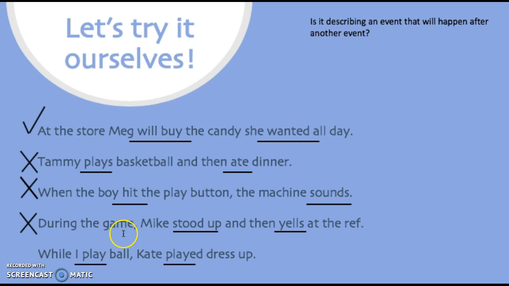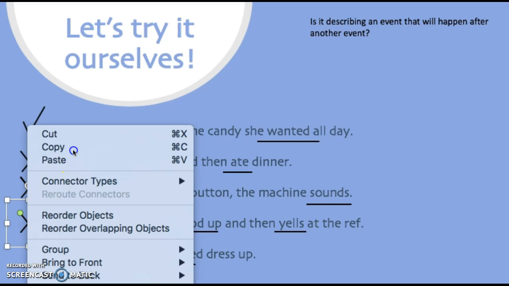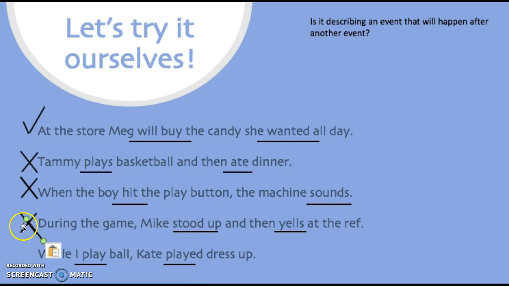And while this is occurring, this event occurred. That's not saying that an event happened and then another event will happen. That's saying while an event is happening, another event happened. So therefore, this one is also incorrect.